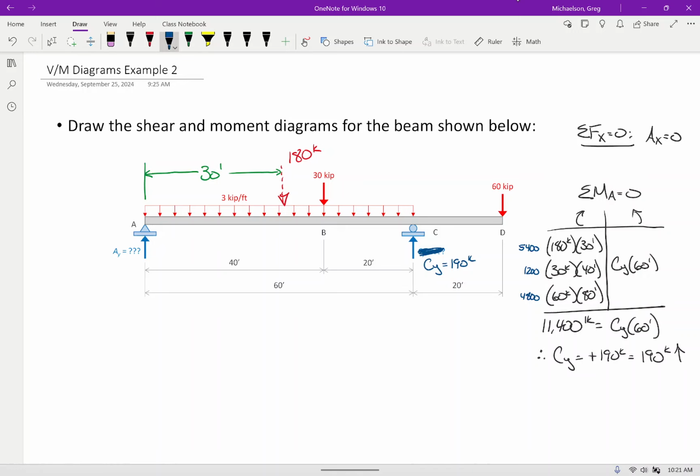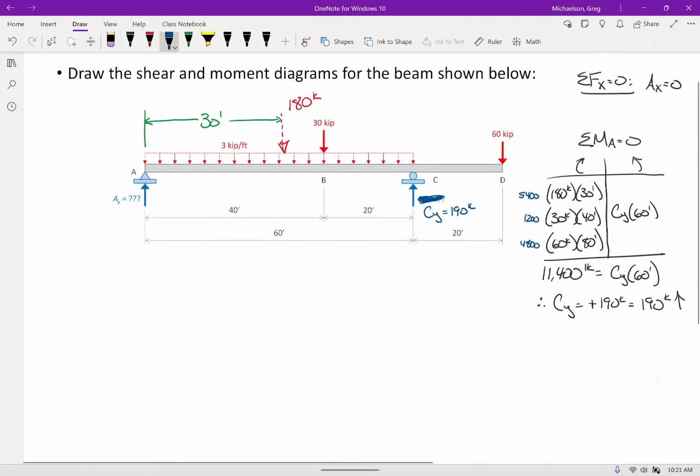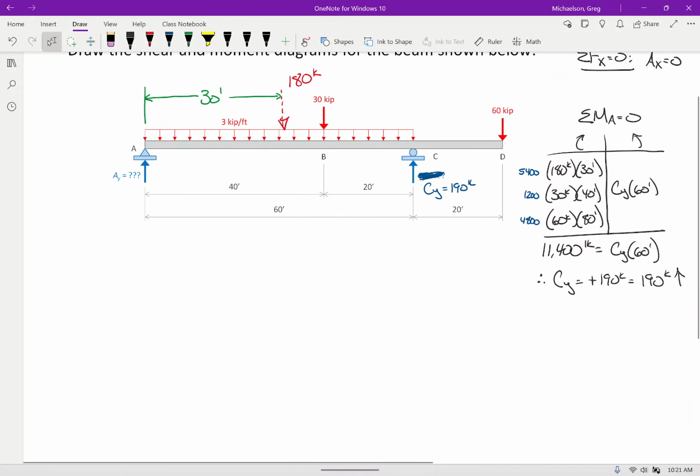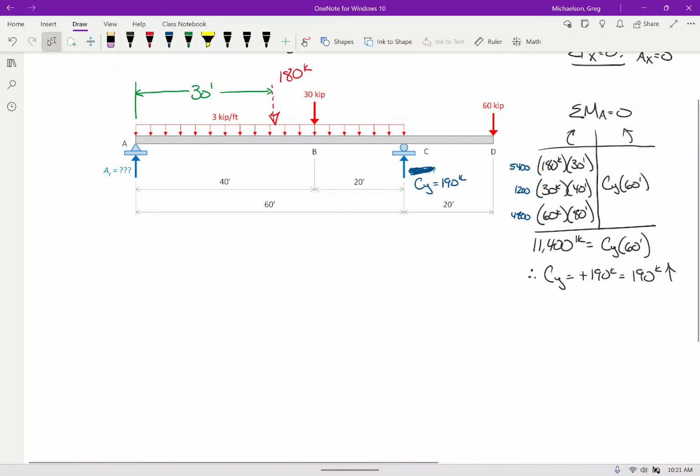Rocking and rolling. So now what we'll do is we'll sum forces in the vertical direction.